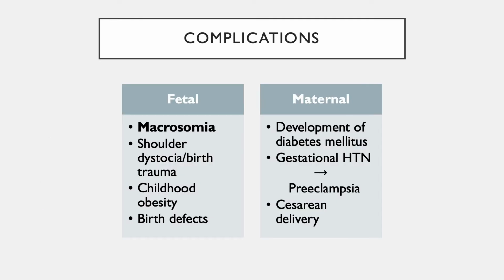So now we're going to go over the complications of GDM, and although these are separated into fetal and maternal complications, they all kind of overlap, and you'll see that throughout the slide. For fetal complications, the most important would be macrosomia, which is a baby larger than 8 pounds and 13 ounces despite their gestational age.